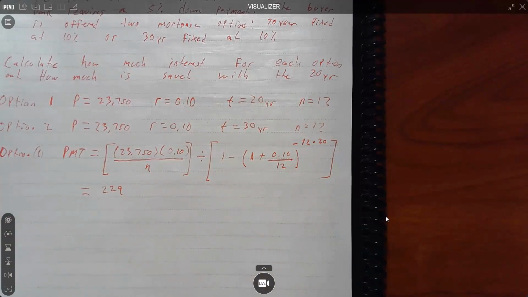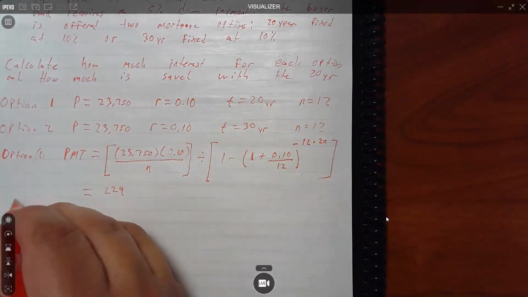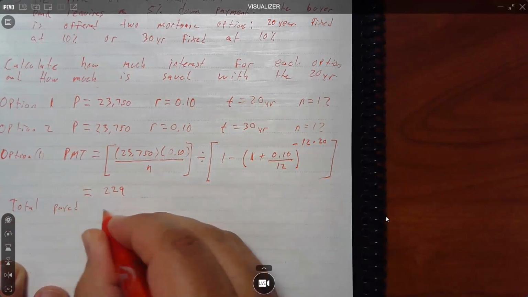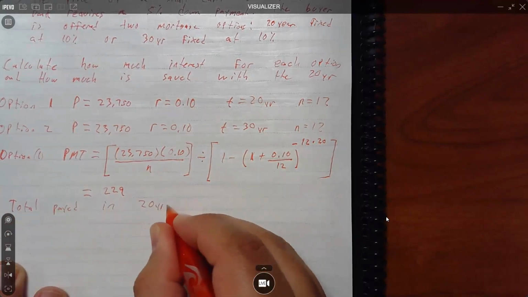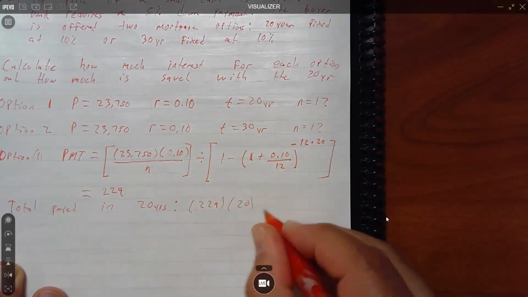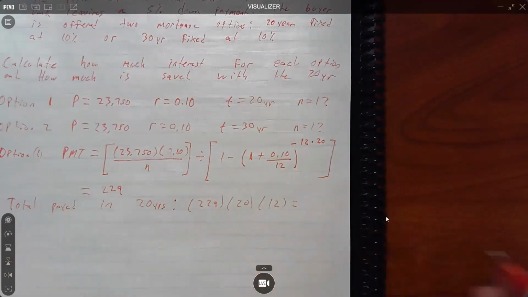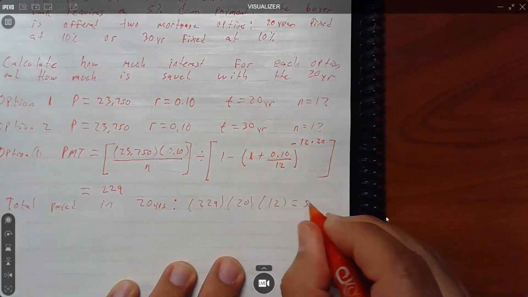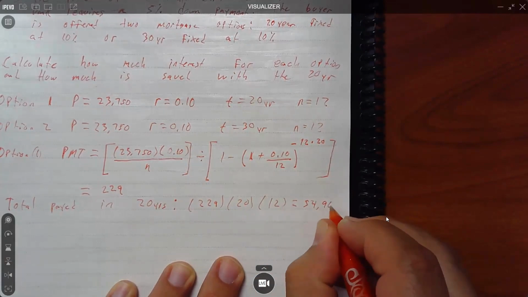So 229 for 20 years, how much is that? Total paid in 20 years. It's going to be 229 times 20 times 12. 54,960.